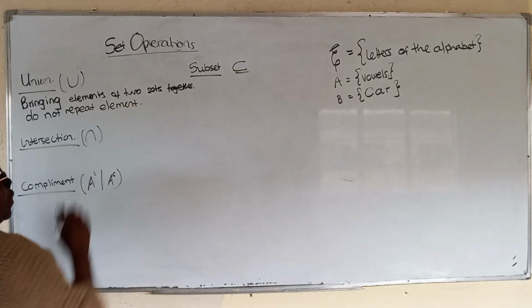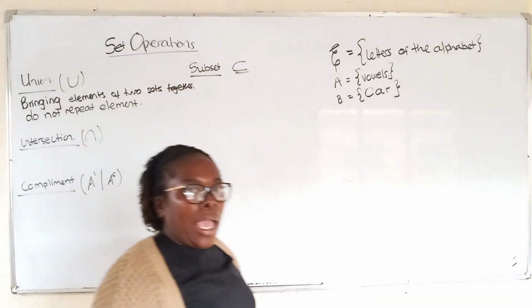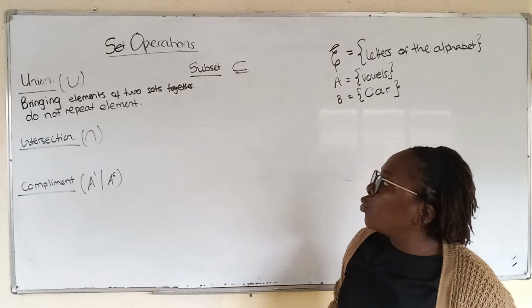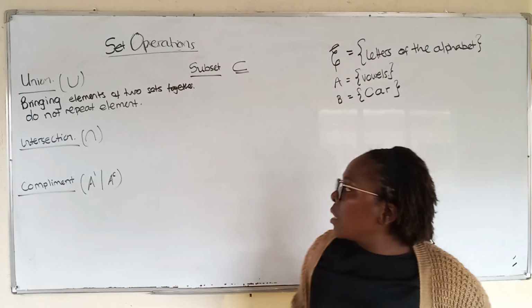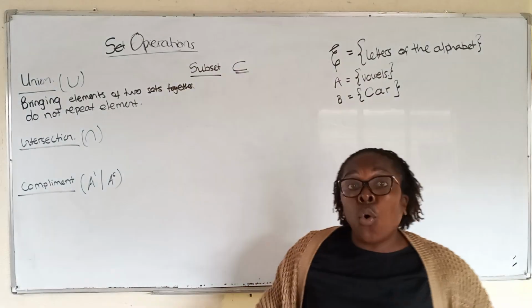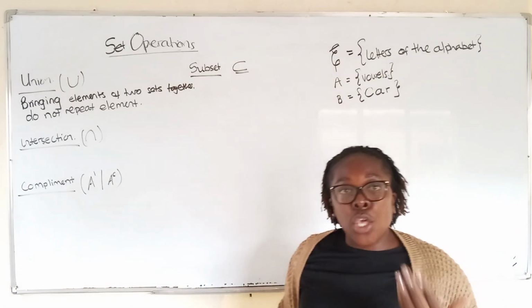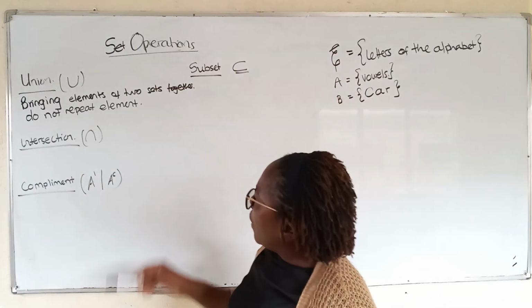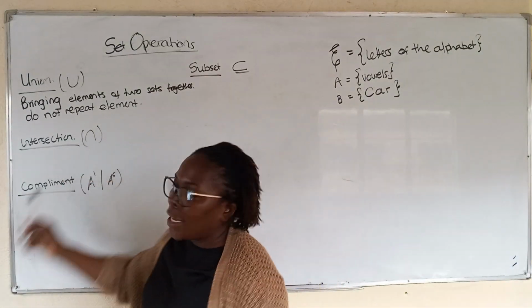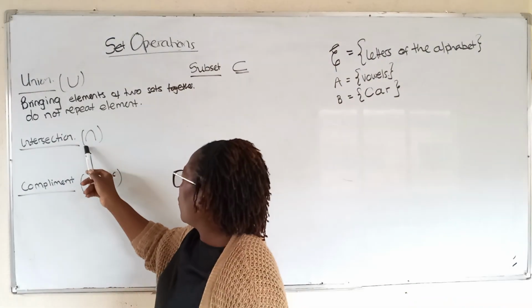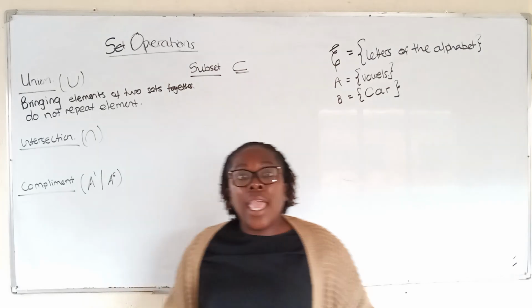Sometimes you can find that elements of one set are also in another set, so you don't repeat those elements when you are writing the union of a set or when you are listing the elements in the union of two sets. And then the next one is the intersection. The intersection is denoted by a cap.